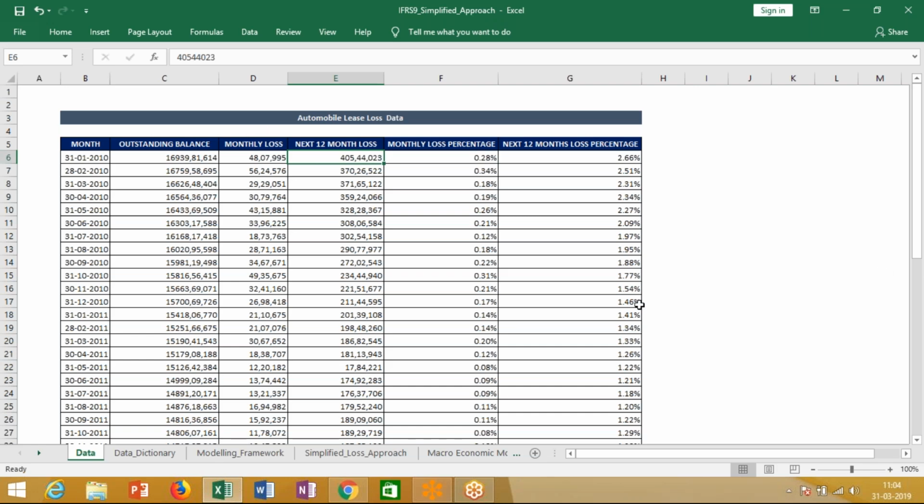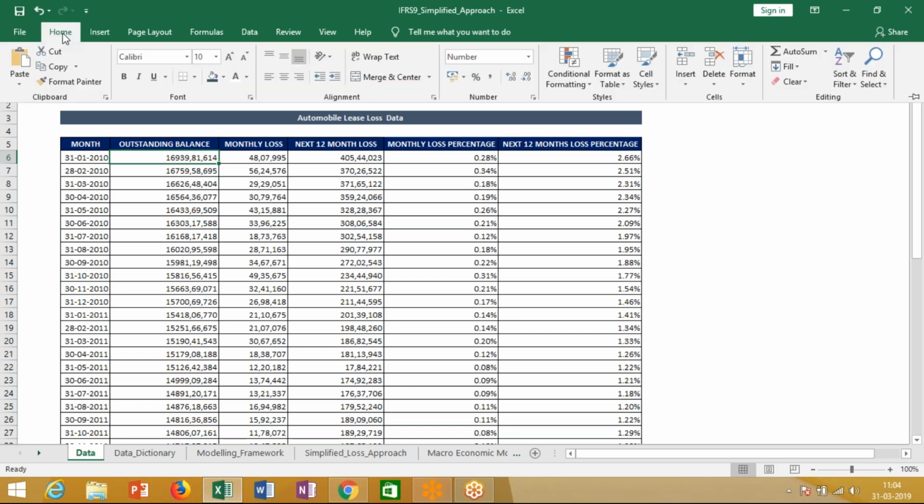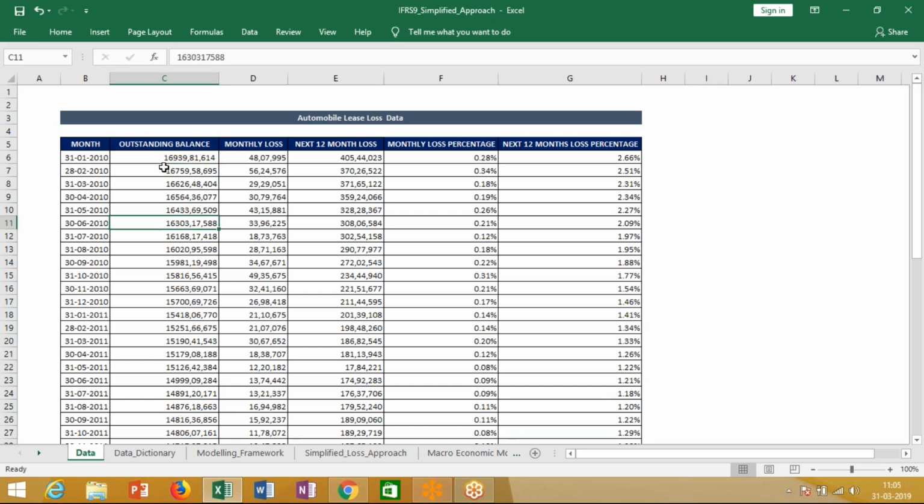Our objective over here is to predict the lifetime losses for this particular portfolio, right? The question that comes out is: what exactly are the loss rates, or what exactly is the exposure for this particular portfolio?